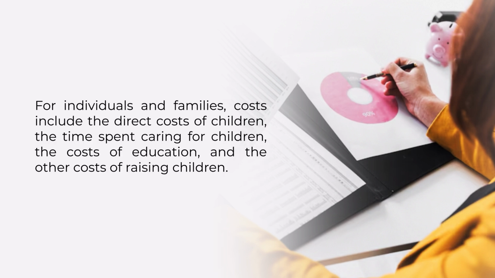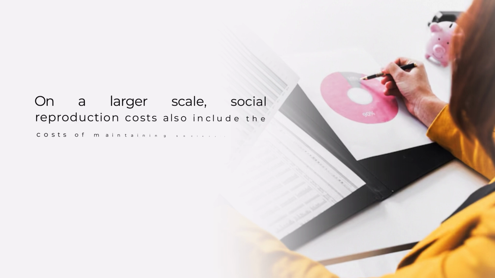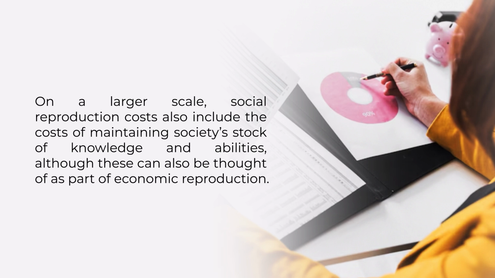For individuals and families, costs include the direct cost of children, the time spent caring for children, the cost of education, and the other costs of raising children. On a larger scale, social reproduction costs also include the cost of maintaining society's stock of knowledge and abilities, although these can also be thought of as part of economic reproduction.